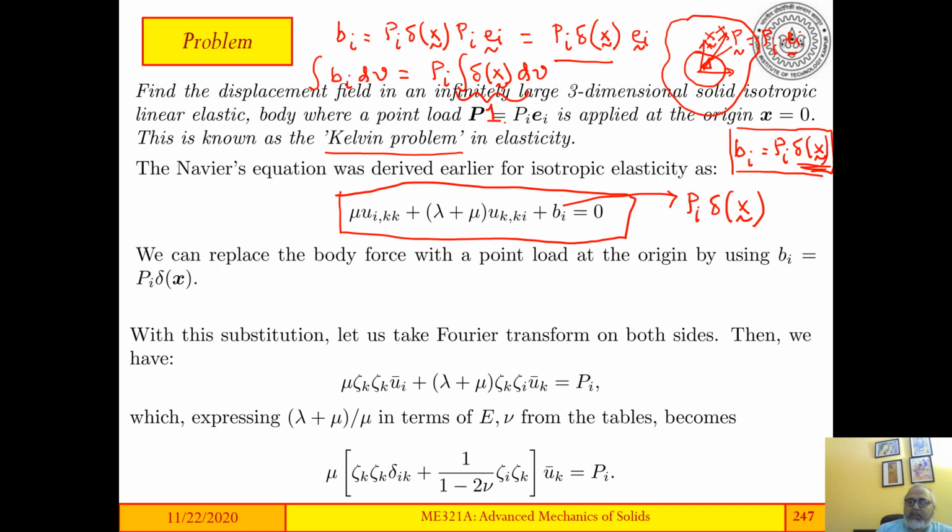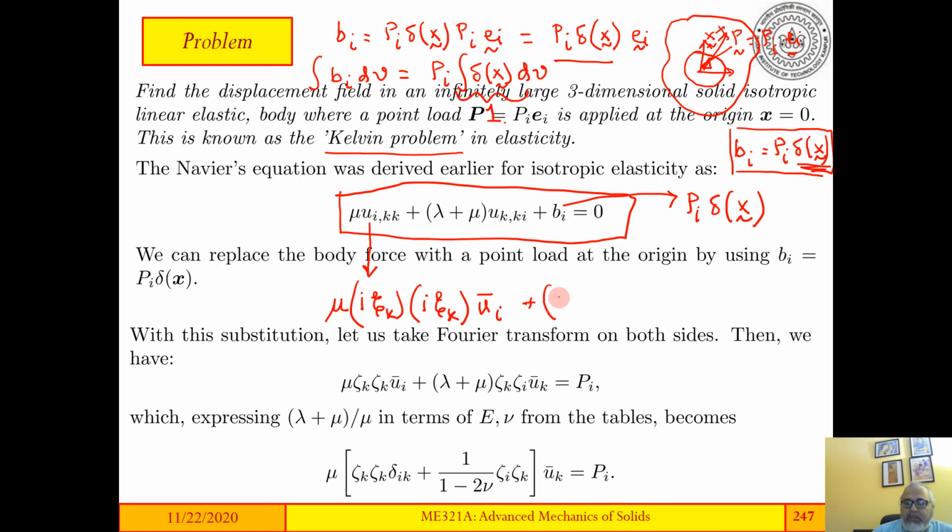Now take the Fourier transform on both sides. Mu is of course a constant, and then you have two derivatives with respect to k. Each will lead to i zeta_k. So i zeta_k times i zeta_k, and you will get u_i bar, which is the Fourier transform of u_i.